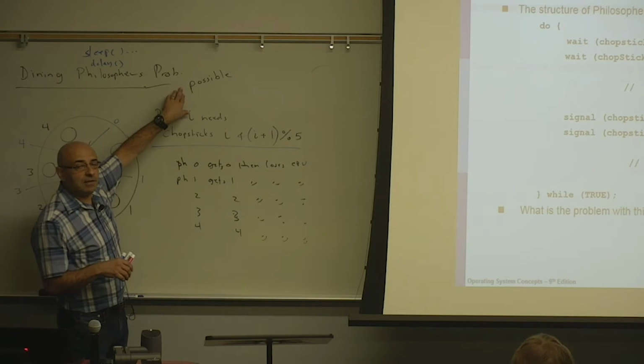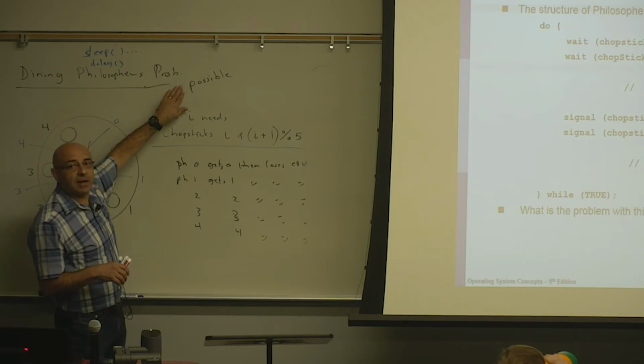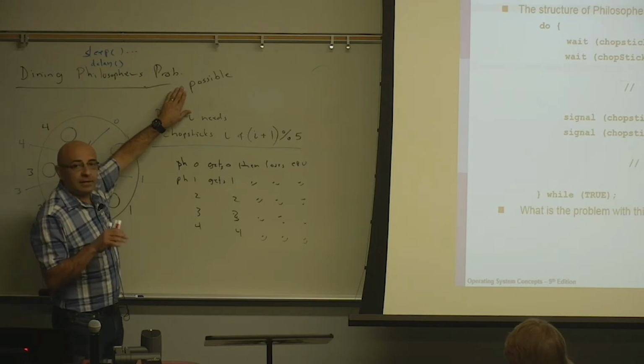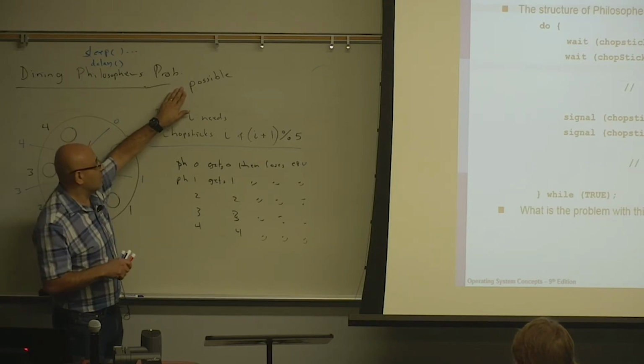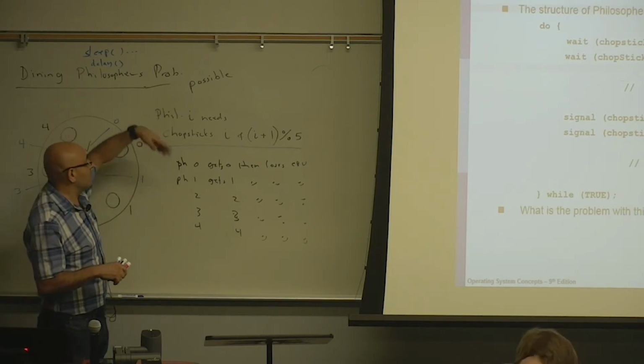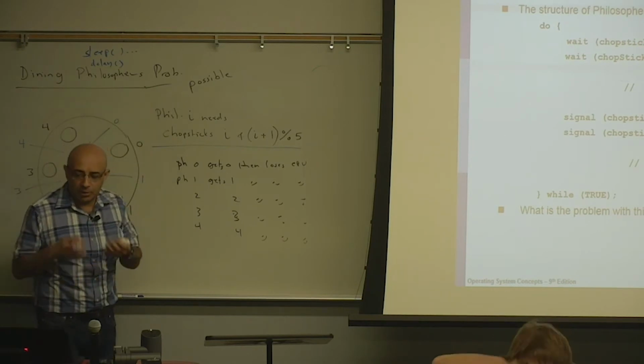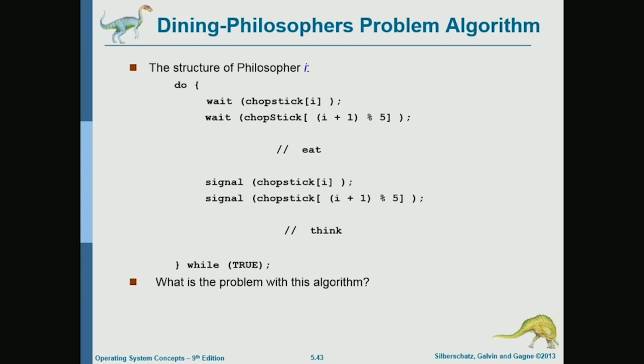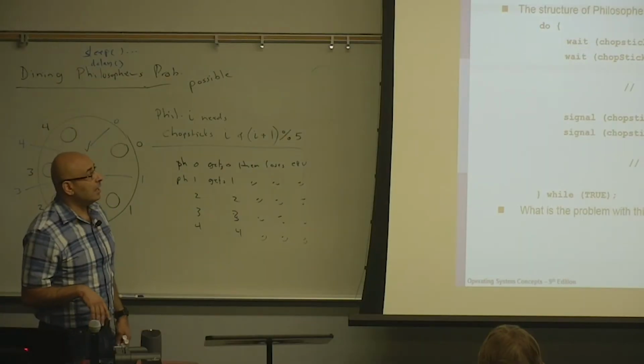Even if it's possible but extremely unlikely, we still think of it as a bad solution, or a solution that may cause deadlocks. So we try to play it safe. We want a solution that is guaranteed not to have any deadlock. Now, if we want to guarantee not having a deadlock, there are multiple ways of doing this.